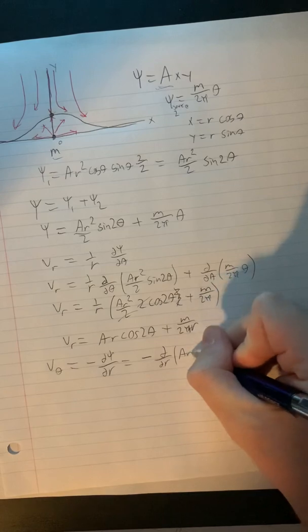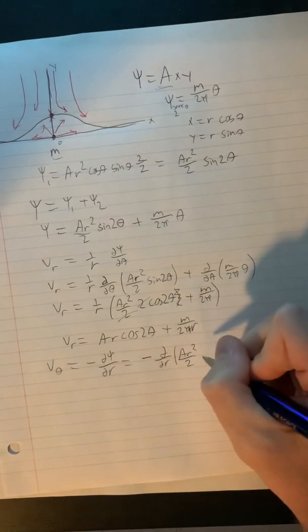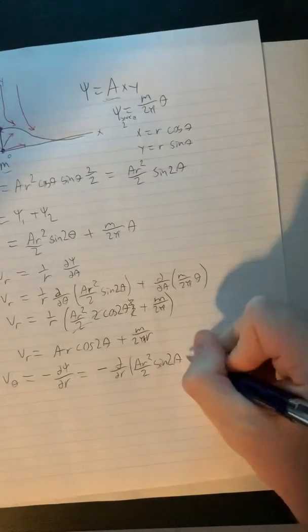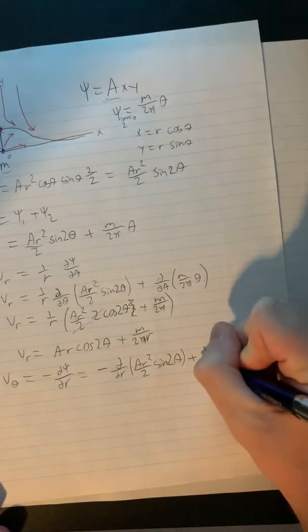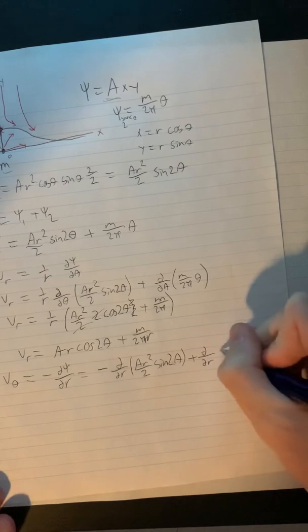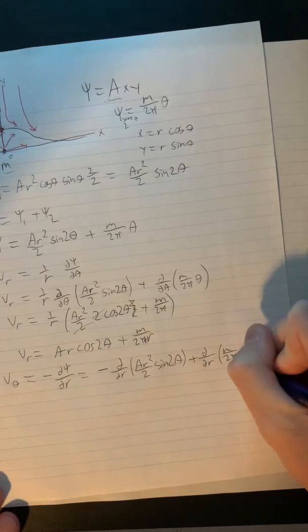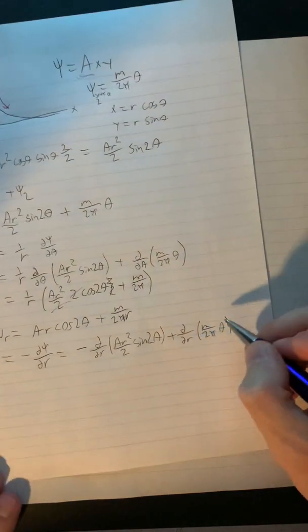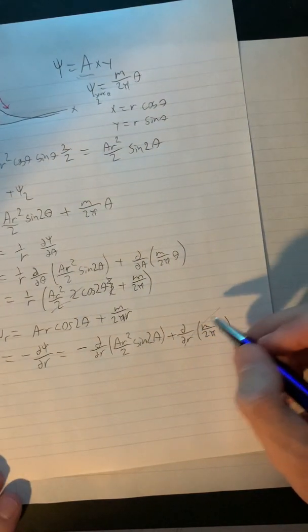So ar squared over 2 sine 2 theta. Once again, I like to separate them out. Makes it a little bit cleaner. M over 2 pi theta. It's really good in this case too, because the second term doesn't have an r, so the whole term is going to go ahead and cancel out.